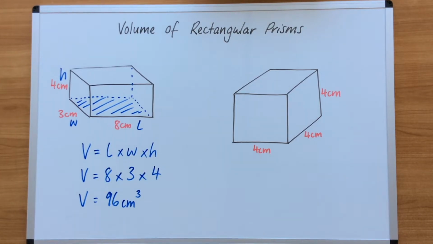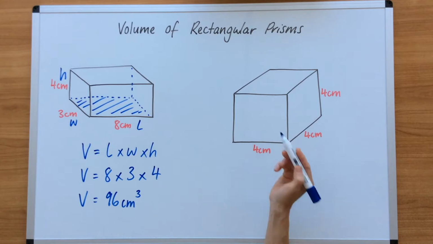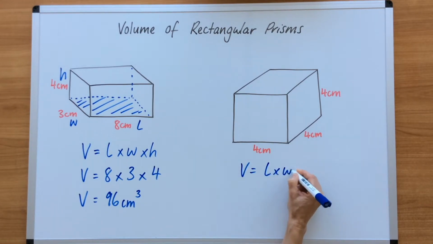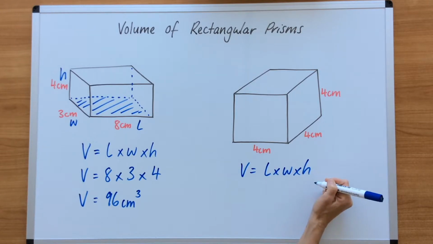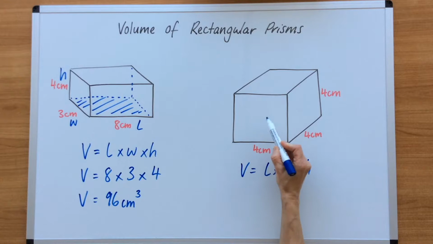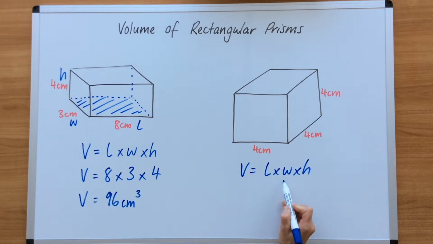Okay? We're now going to look at this next one over here, which is a cube. And again, it's still got the same rules applying to it for the cube as it does the rectangular prism. All right, we have the same measurements, of course, because the face, the main shape of this, is a square, but we still write the same rule, length times width times height. Okay, because the base shape is a square, which is why we go length times width.